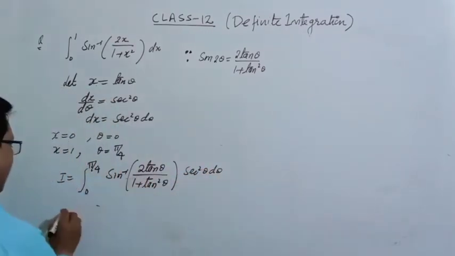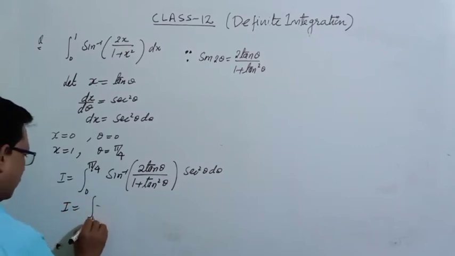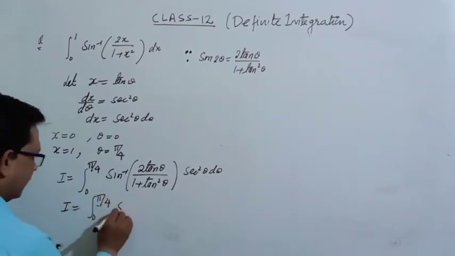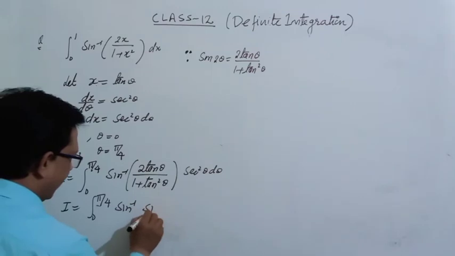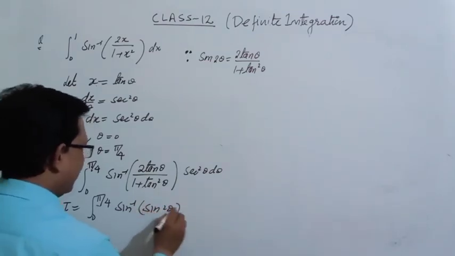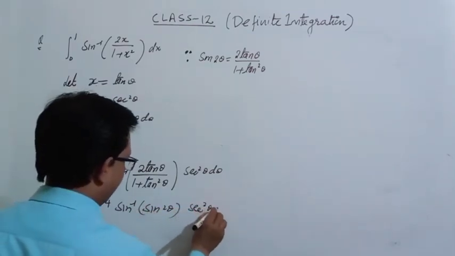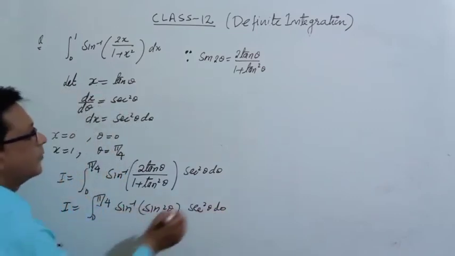So this becomes sin inverse sin 2 theta and sec square theta.